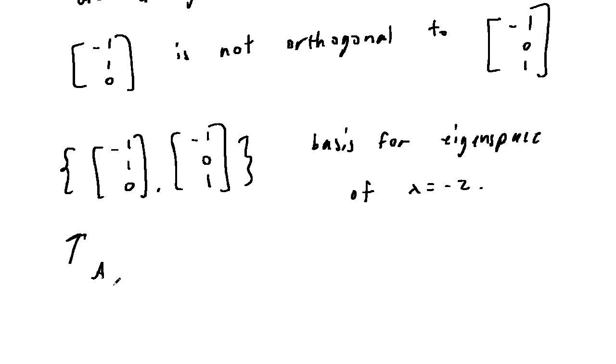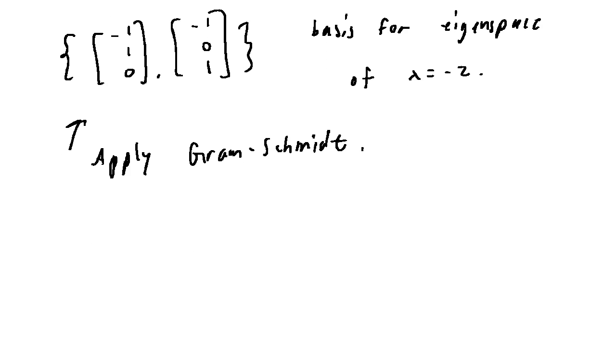Okay, so we can apply Gram-Schmidt to this basis for the eigenspace of lambda equals -2. Okay, so let's do that.